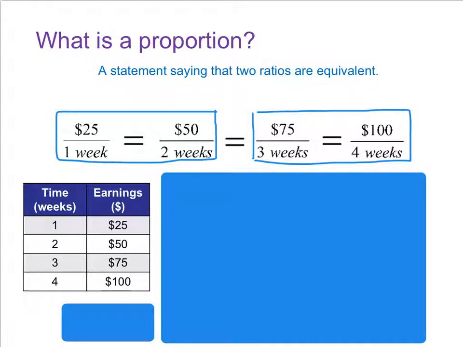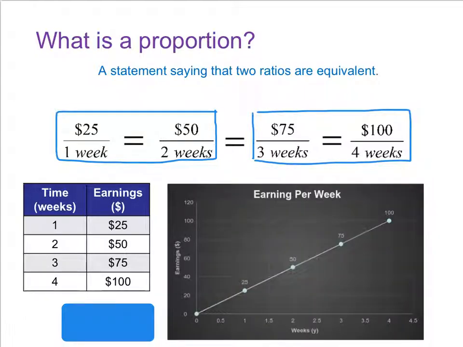And we know that once we have a table such as this, where I have an independent variable such as time and a dependent variable such as earnings, I can go ahead and graph that. And I did so.